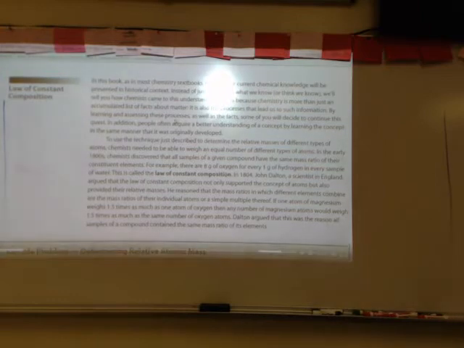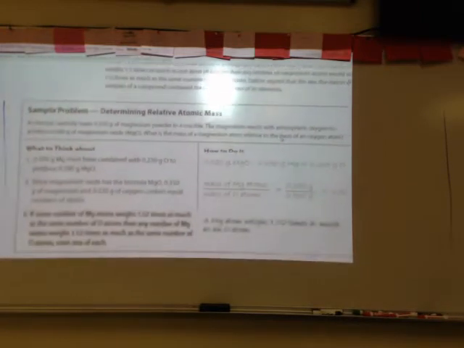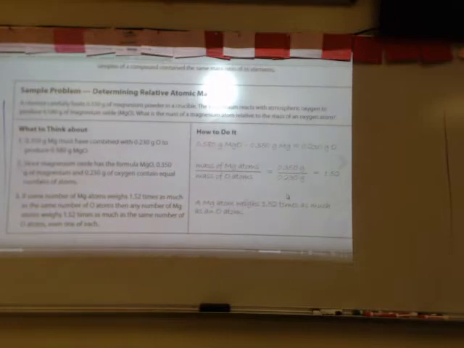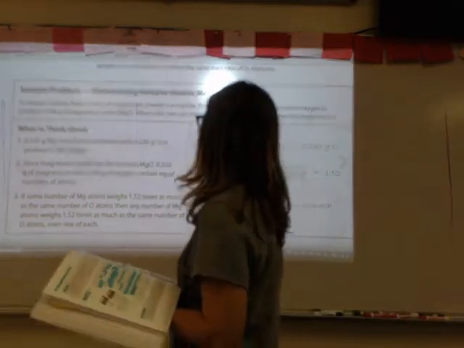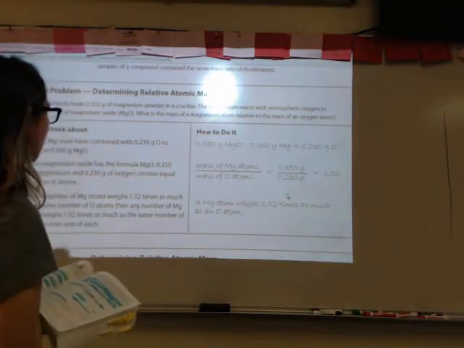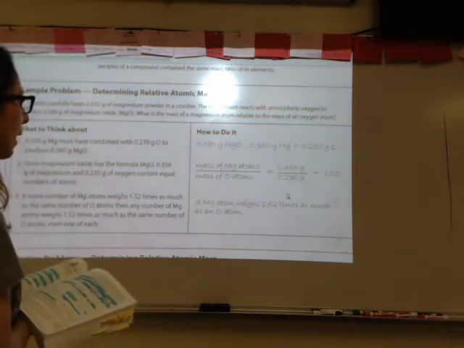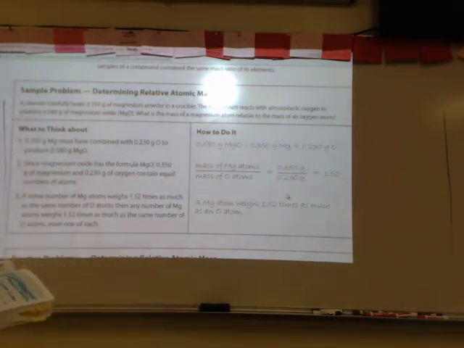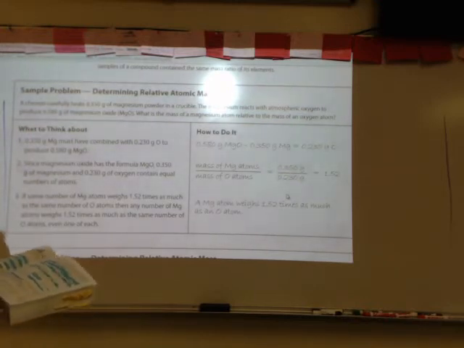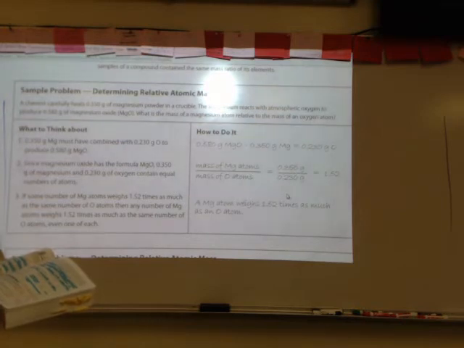And let's take a look at a sample problem here. I'm heating 0.35 grams of magnesium powder, and that magnesium reacts with oxygen in the air. I get a compound with a mass of 0.58 grams. It's called magnesium oxide. What is the mass of magnesium relative to the mass of oxygen?